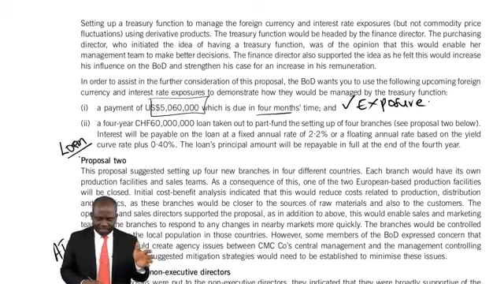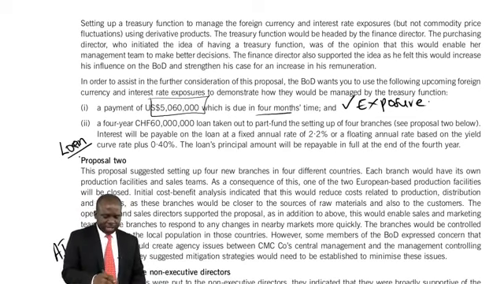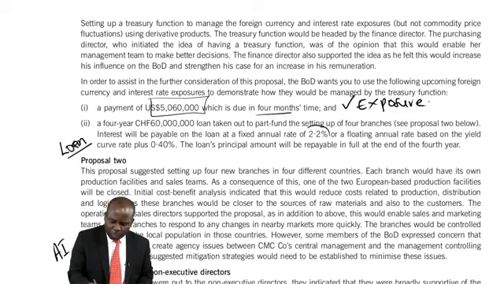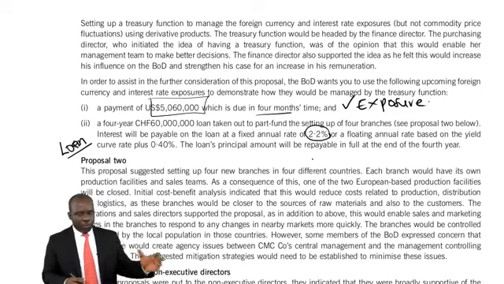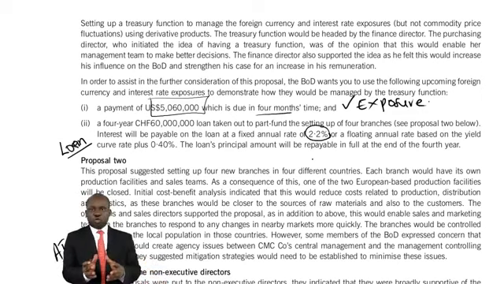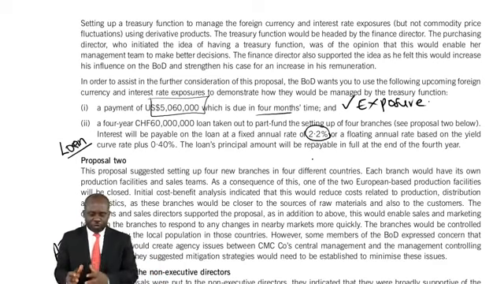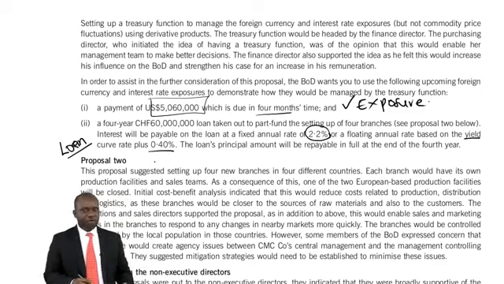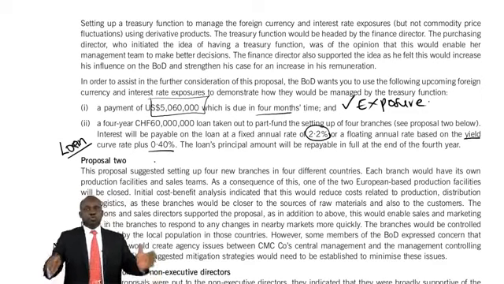On that 60 million, they're saying that interest will be payable at a fixed annual rate of 2.2%. So we will pay 2.2. If we want to move from the fixed to the floating rate, then it will be the yield plus 0.40. So what will we do?